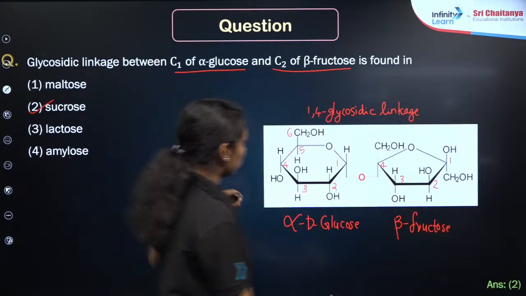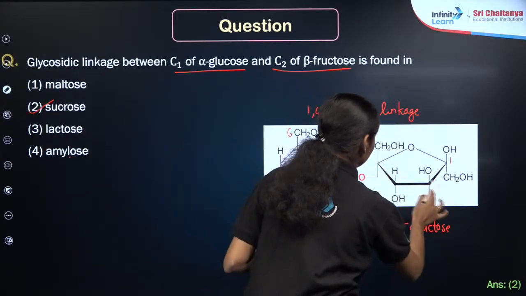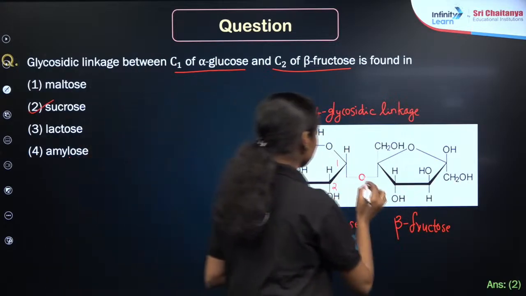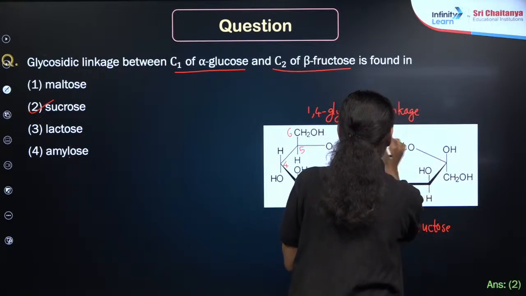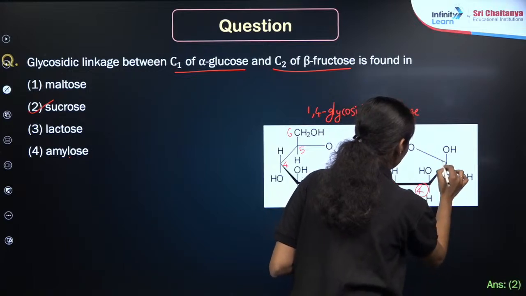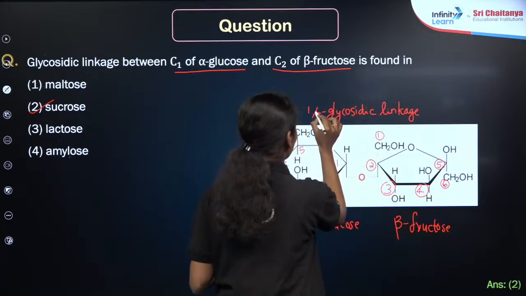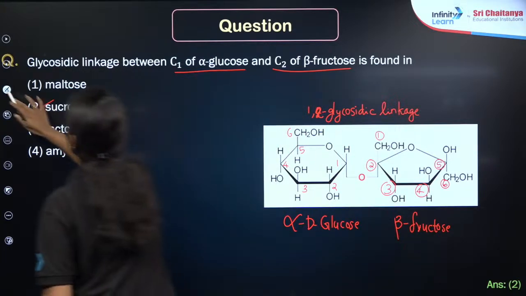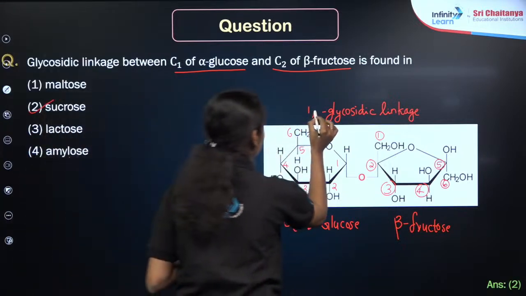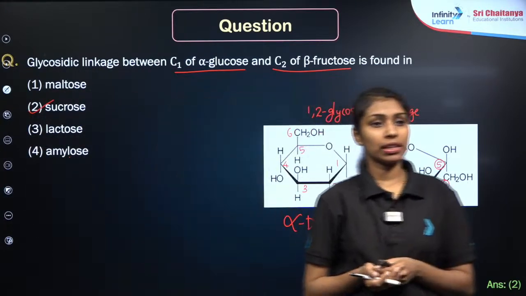So C1, here the numbering should start from here only for the fructose molecule. Right, so this will be the 1,2 glycosidic linkage. Clear? Option B, sucrose will be the correct answer.